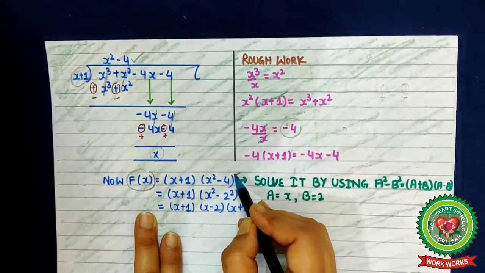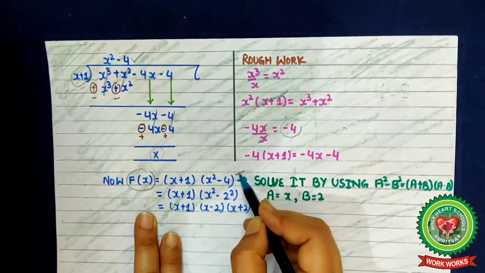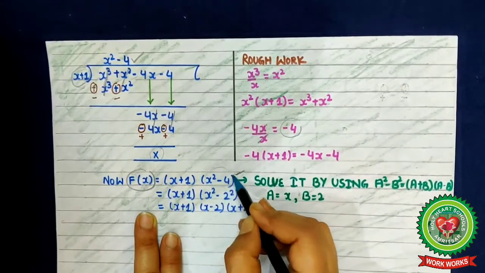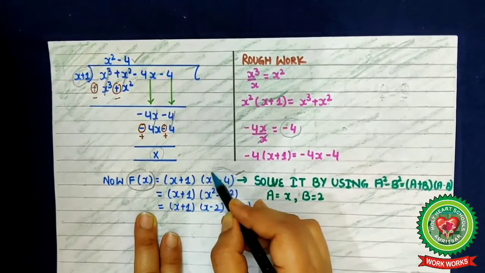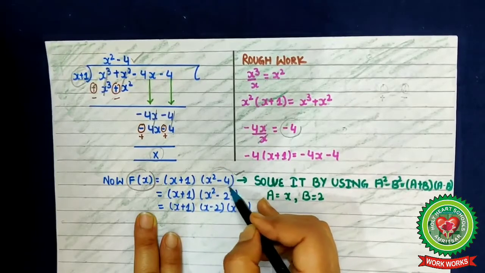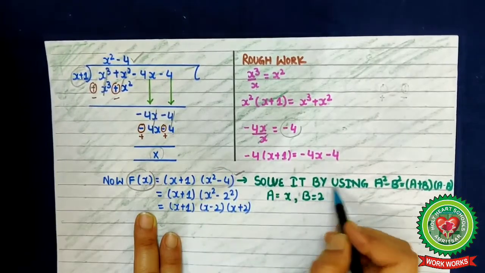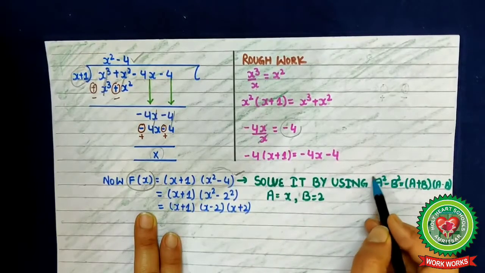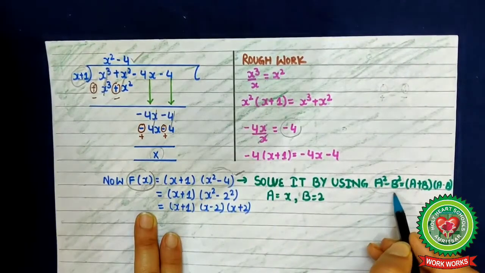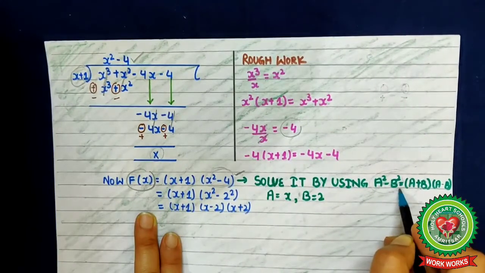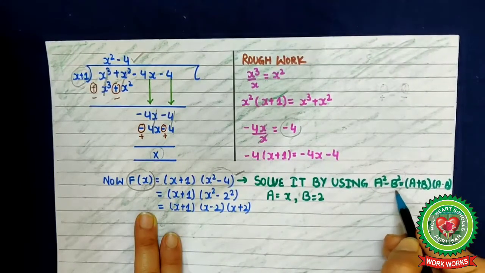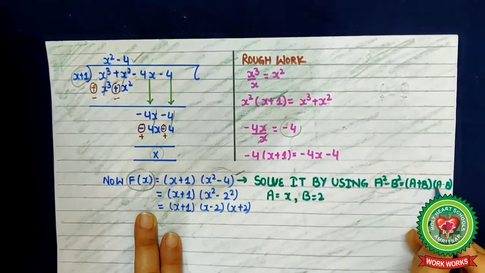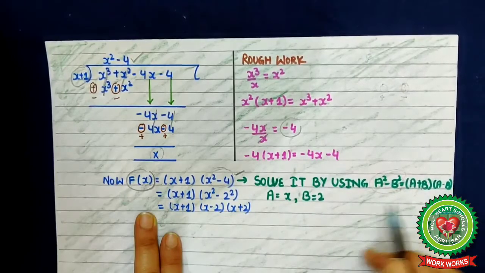Now students, in the previous sum, that is type number 8, we solved this quotient by using the sum product method. Here you can see that this is of the type of the formula a square minus b square. So we will factorize it by using this formula a square minus b square, which we have done in your previous classes, that is equal to (a plus b)(a minus b).